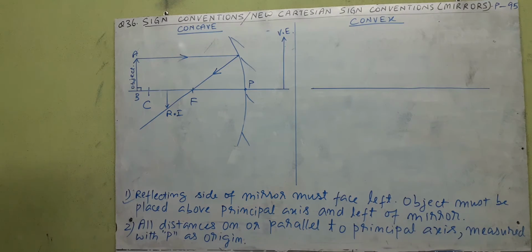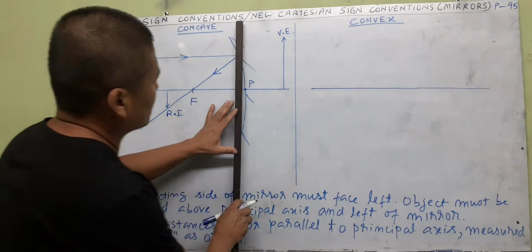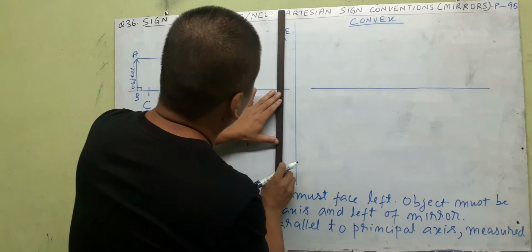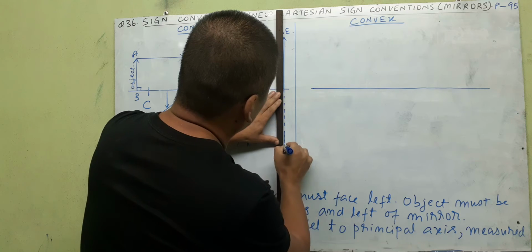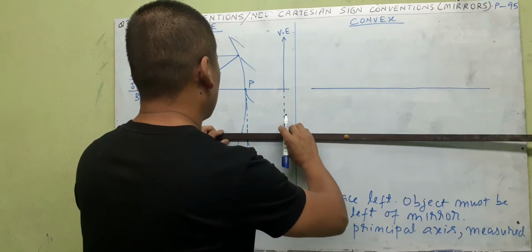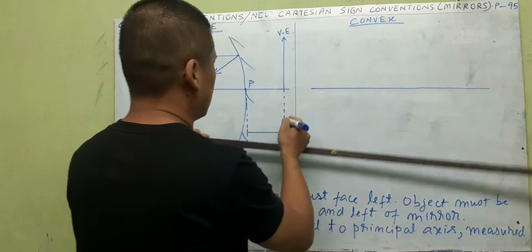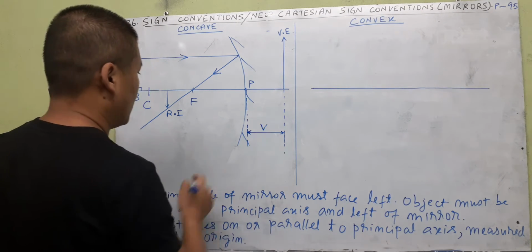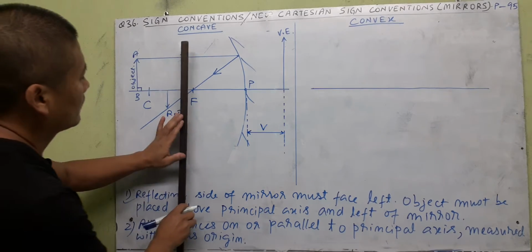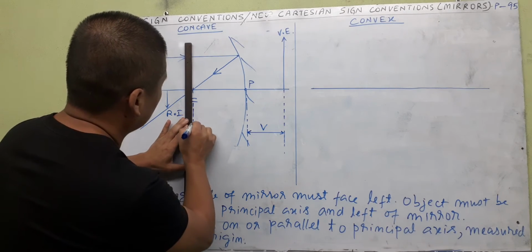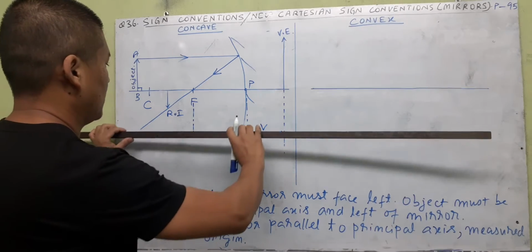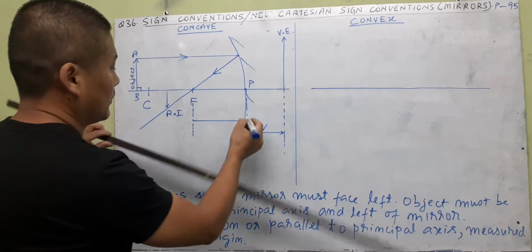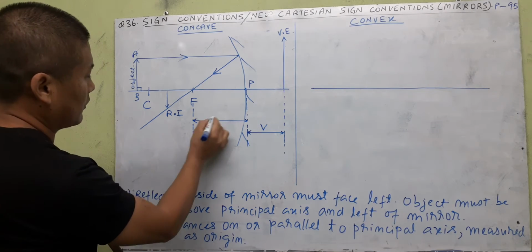Okay, now here let us measure one distance. The distance between P and the image, this virtual erect image, is called the image distance. How far the image is from the mirror is called image distance V. Then let us take the distance between P and F. Between P and F is called focal length, small f.